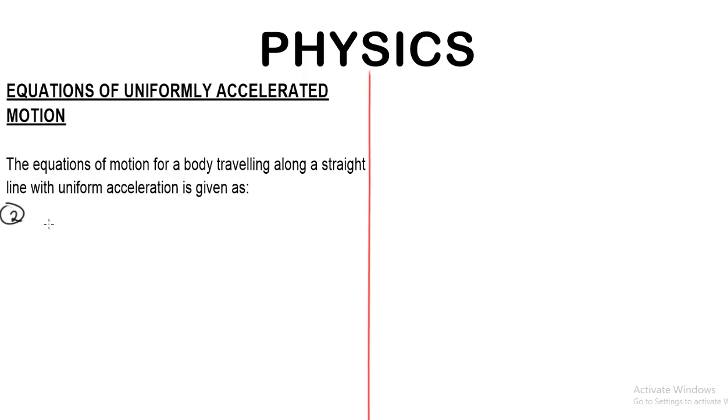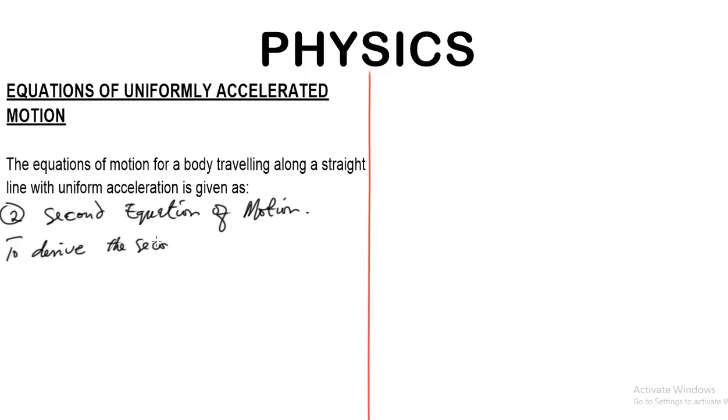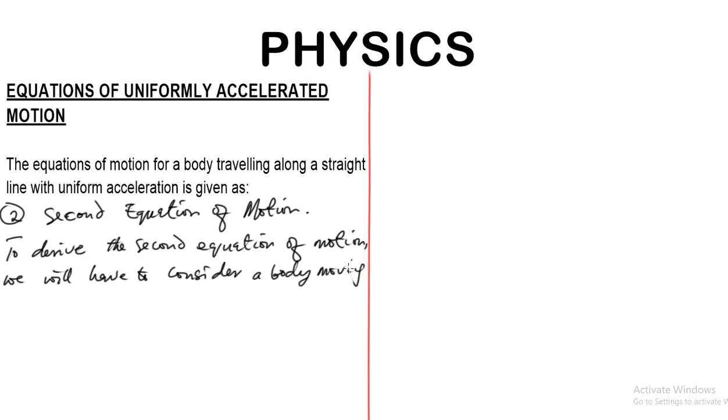Now let's take a look at the second equation of motion. To derive the second equation of motion, we will have to consider a body moving with uniform or constant acceleration.